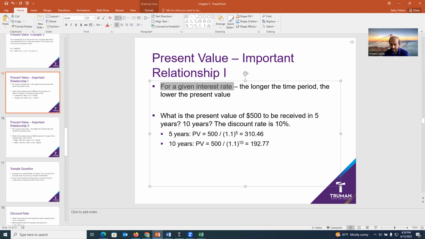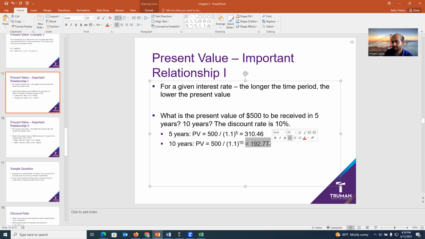The longer the time, the lower the present value. If you receive the money further out, your T will be big, and this will make the discount factor bigger. So for the same future value and same discount rate, the longer the time, the lower the present value.